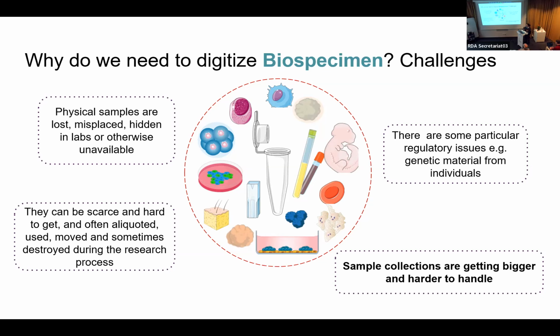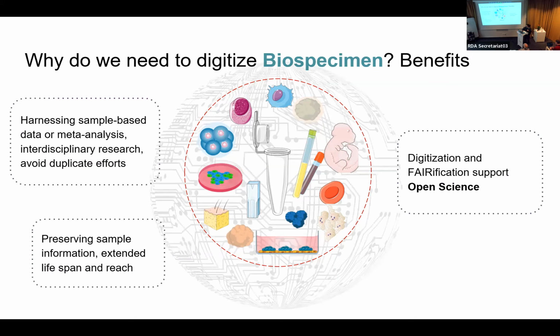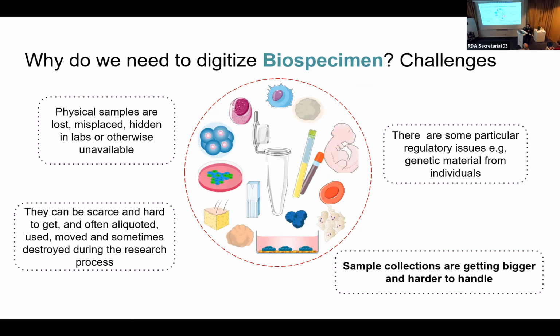Single cell omics, for instance, have contributed to a whole lot of sample and associated data, and it becomes harder to handle. And these biospecimen play a very pivotal role in basic scientific research. So it's very important that we do take care of them and we do digitize them.